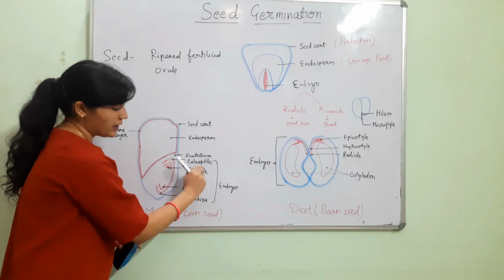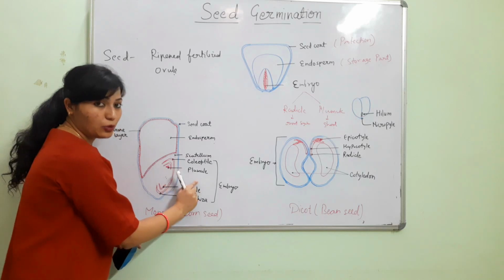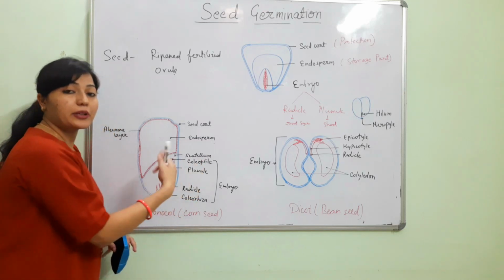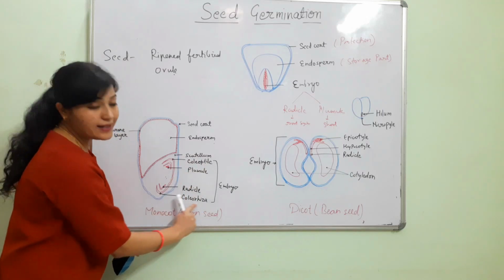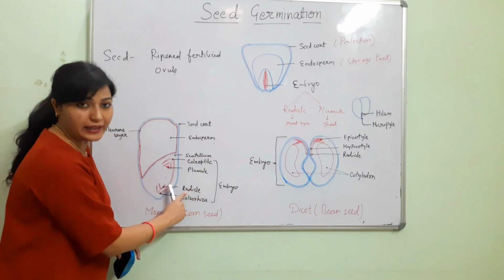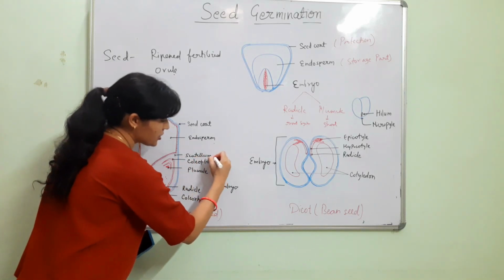Here is the coleoptile, the outer covering of the plumule. Coleoptile is a protective sheath of the plumule. Similarly, the coleorhiza is a protective sheath of the radicle.